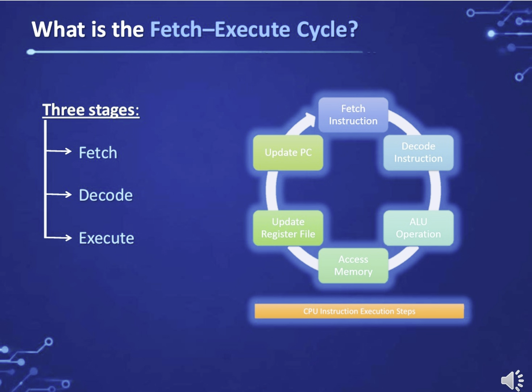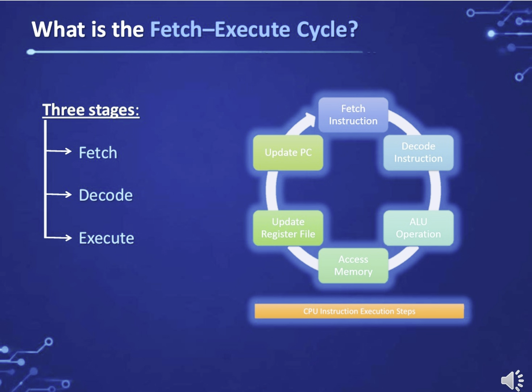What is the fetch execute cycle? The fetch execute cycle is the process that the CPU follows to execute every instruction in a program. It has three stages. The first stage is fetch, where the CPU retrieves an instruction from memory.